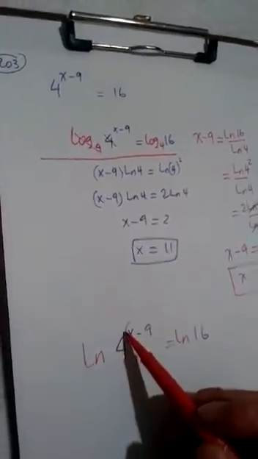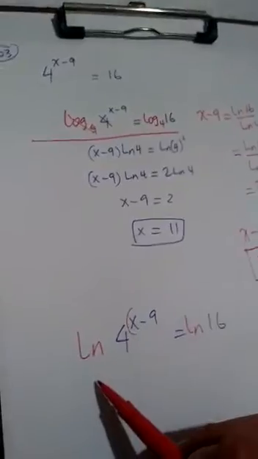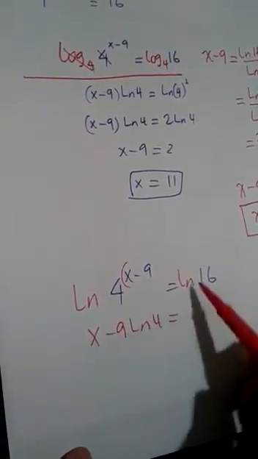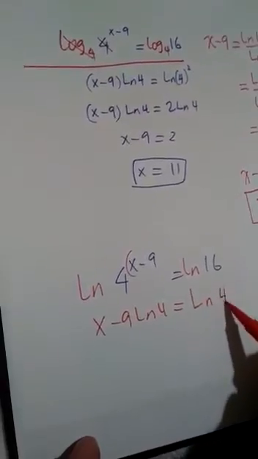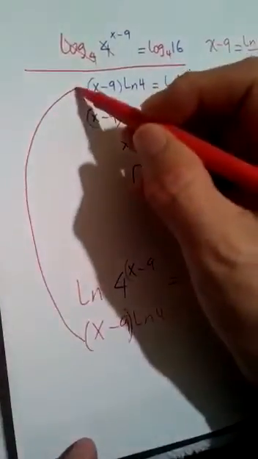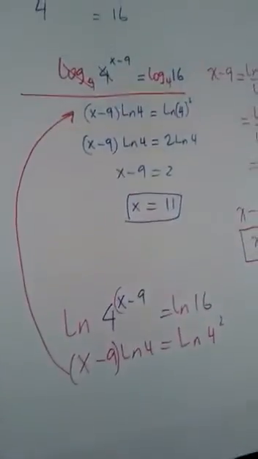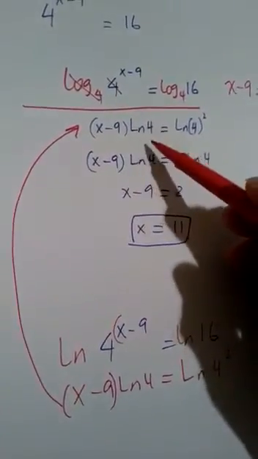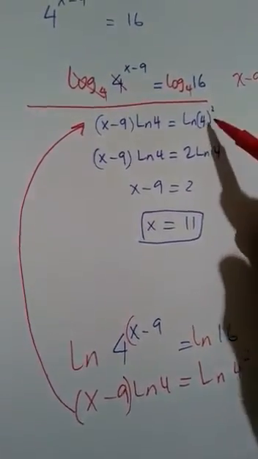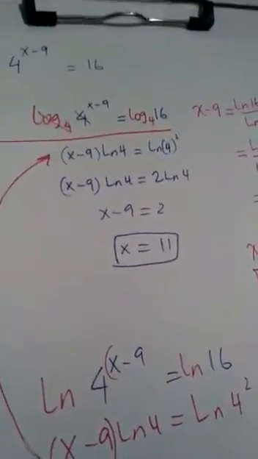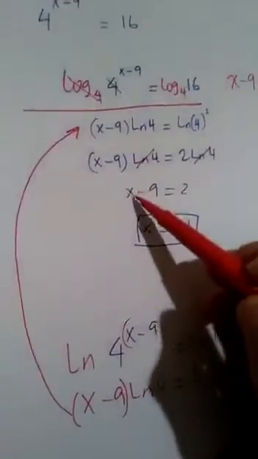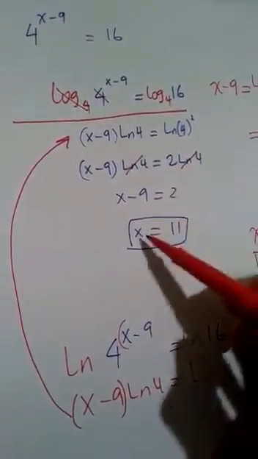You take x minus 9 in front, so it'll be x minus 9 ln 4 equals ln of 16, which is ln of 4 squared. And here's the step. x minus 9 ln 4 equals ln of 4 squared. ln of 4 squared is 2 ln of 4. Okay. ln of 4 cancels, so that leaves you with x minus 9 equals 2, x equals 11.